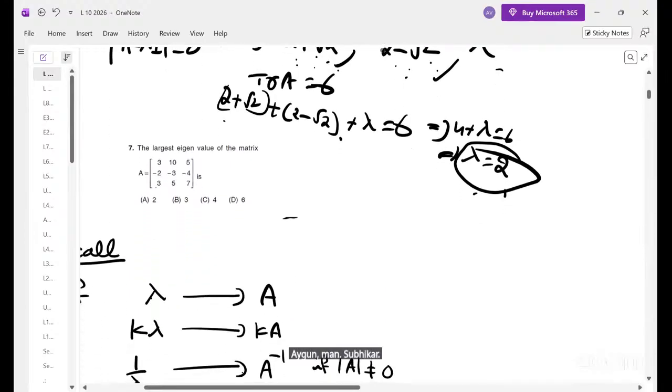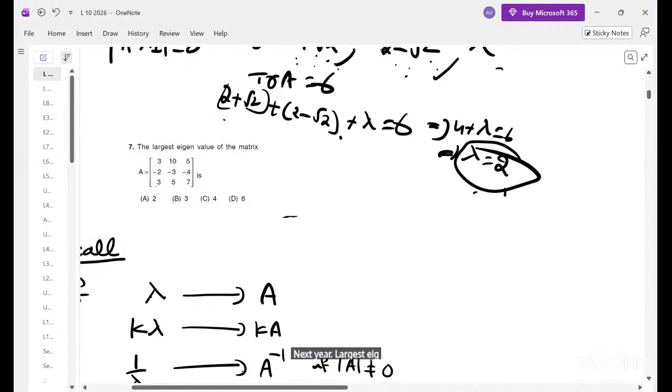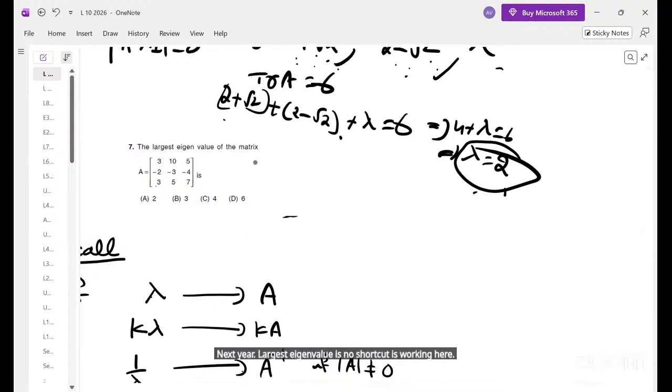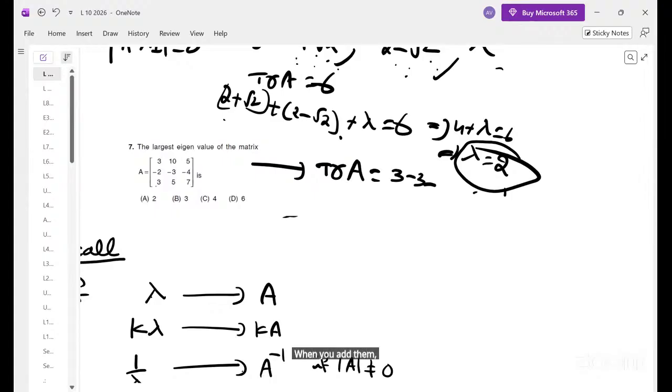Next. Largest eigenvalue is asked. No shortcut is working here. What is the trace of the matrix? When you add them, you get 7. What is the determinant of the matrix? That we need to calculate. Because there are 3 eigenvalues, we cannot solve from the options.